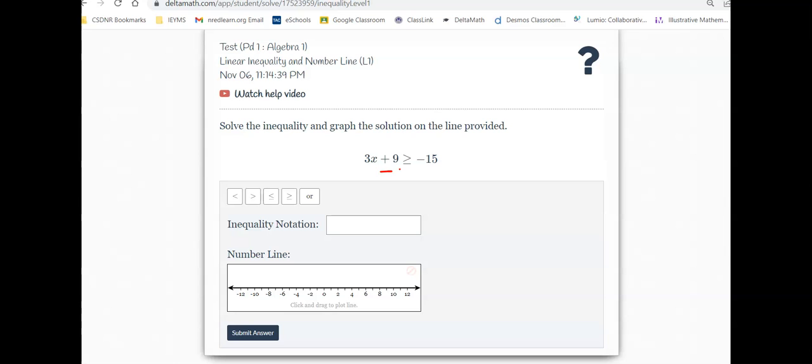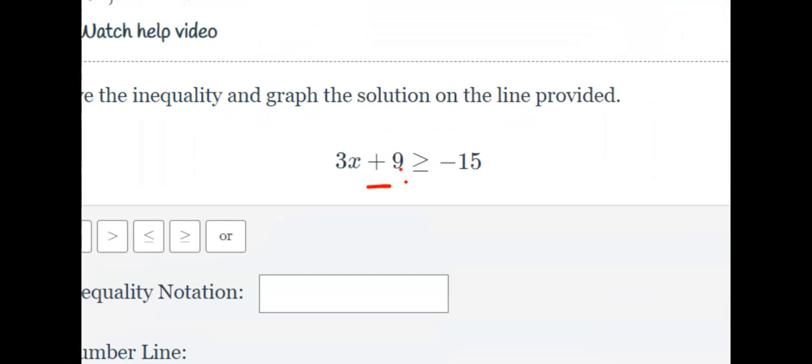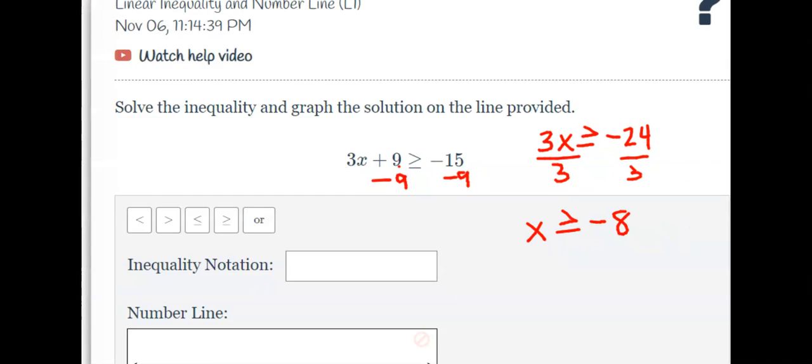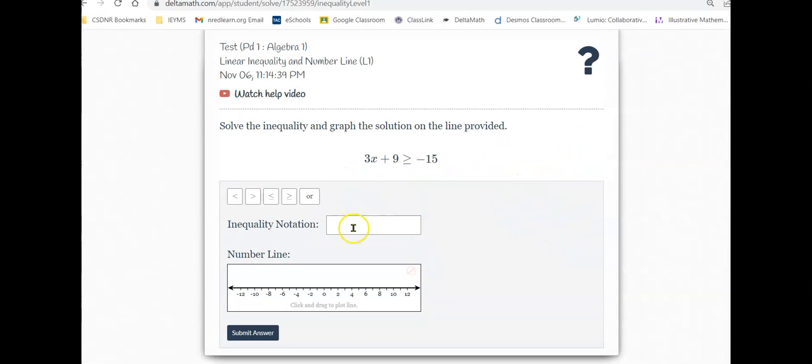So when we subtract 9 from both sides, and then we divide both sides by 3, I get the quantity x is greater than or equal to negative 8. I can be any number that is greater than or equal to negative 8.